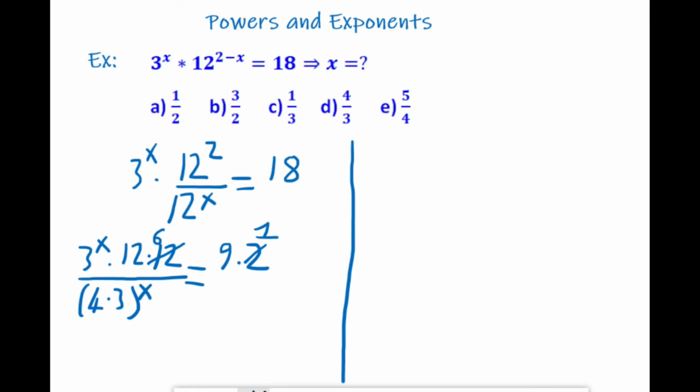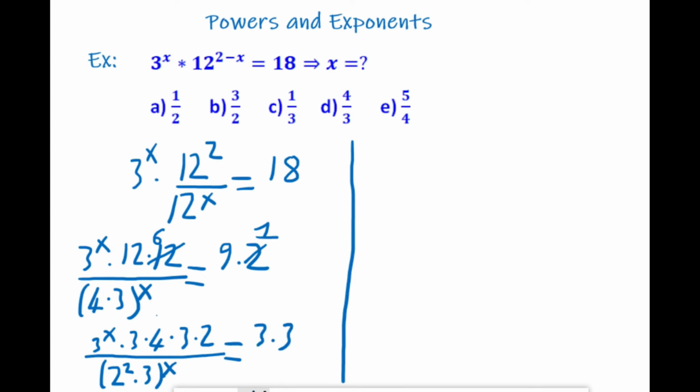So I'm writing the rest. 3 to the power of x times 12 is what? 3 times 4 times 6, divided by 4, is what? 2 squared. So it's going to be 2 squared times 3 to the power of x is equal to 9. You can write 9 as 3 times 3.